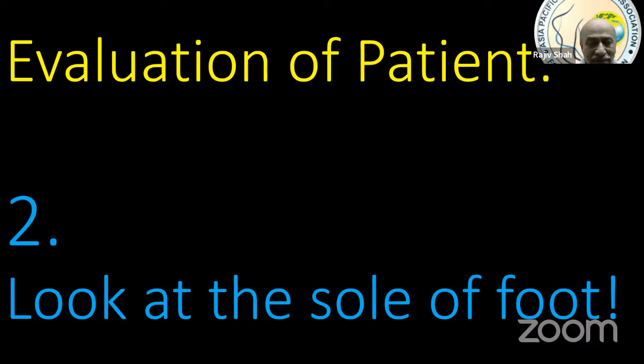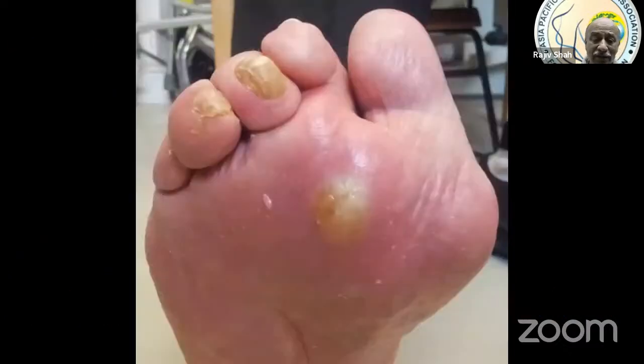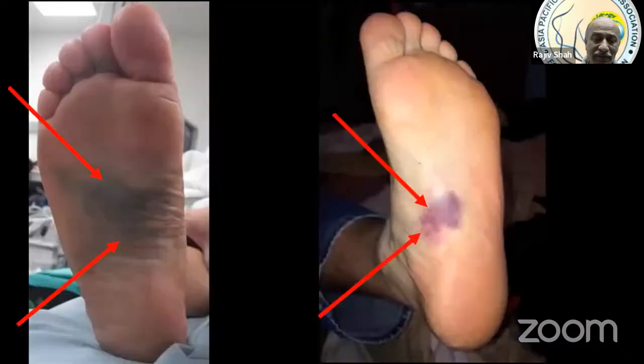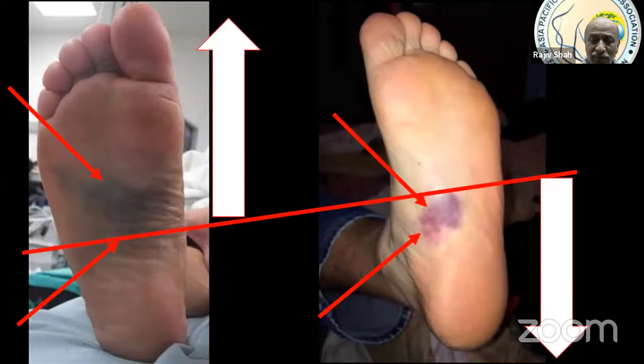You need to look at the sole of the foot because the pressure symptoms you would be able to see and evaluate, where you would see some kind of corn, callosity, and you know that this is the area giving most pressure, and then we need to offload pressure from that particular area, right? So sole of the foot examination is important.